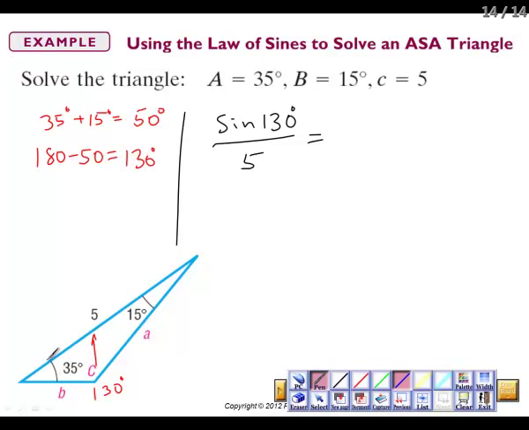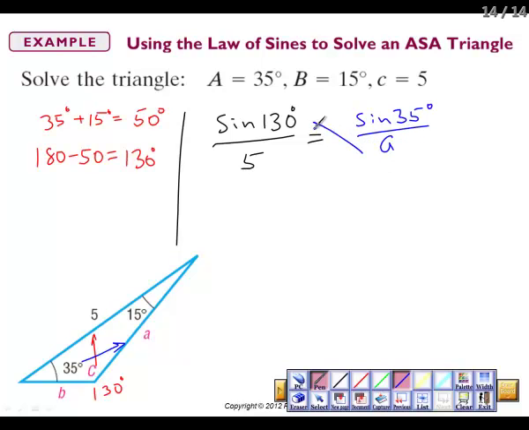So 5 would be one of the sides for 35, B would be the other side for 35, so that would make A the opposite side. So we can say here sine of 35 degrees over A.